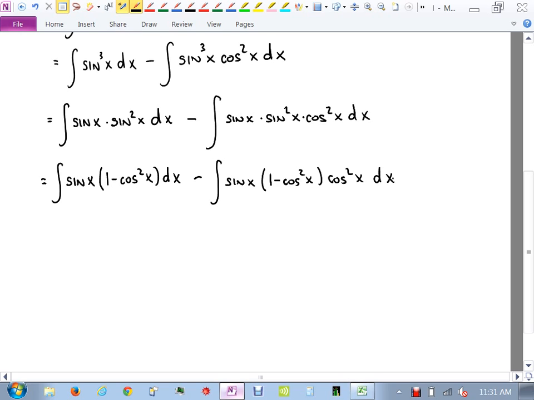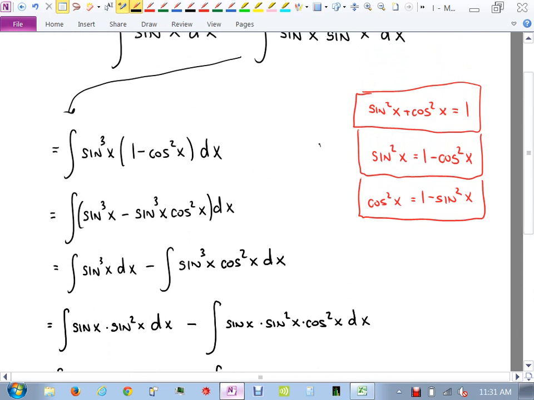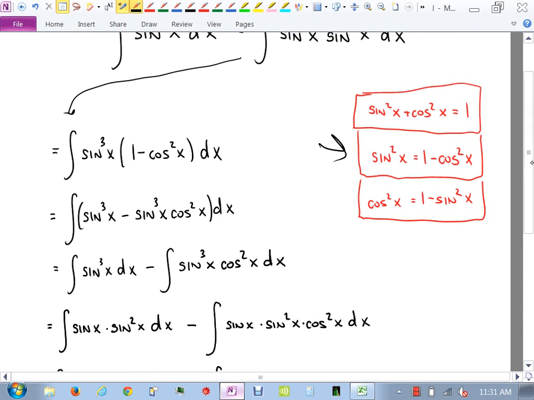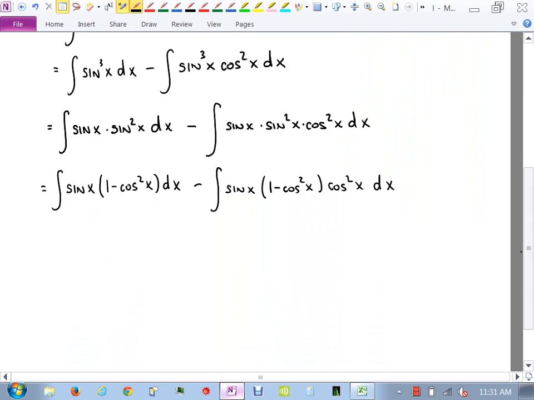I'm not doing the power reducing. I'm using the Pythagorean identity, this one right here. The power is not going down. You could do half angle, but it will become a disaster.